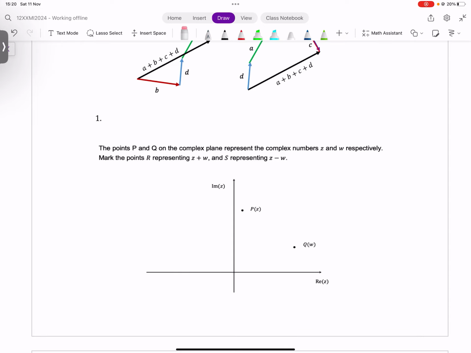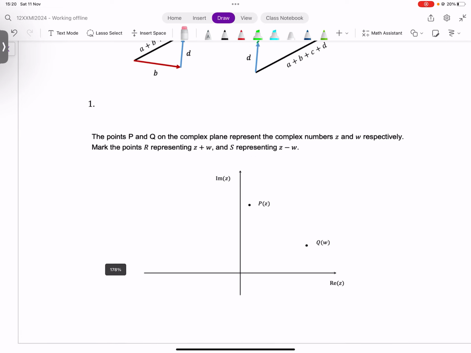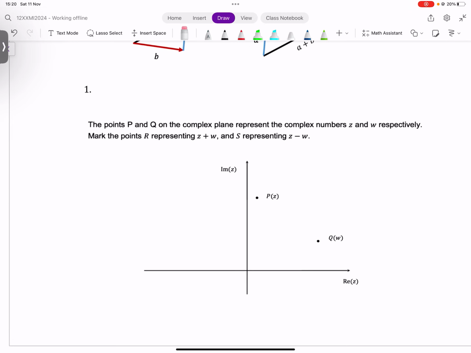Okay. So we've got: mark the points P and Q on the complex plane representing z and w respectively. Mark the points R representing z plus w and S representing z minus w. Alright, so if we want to have a go at our parallelogram law, so we've got this here and this here.